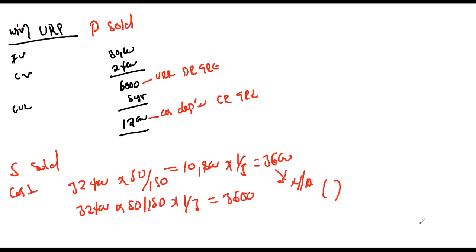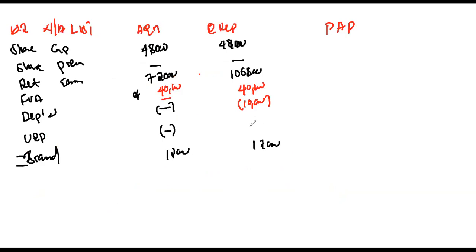So let's go to our net assets and then complete it. So we have 3,600 there because the sub sold. So our net assets is now complete. So we make our totals now. Remember, we are taking this figure minus this figure. We have 72,000 minus 106,800.